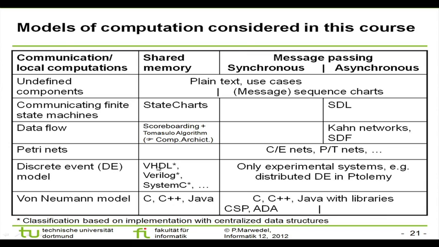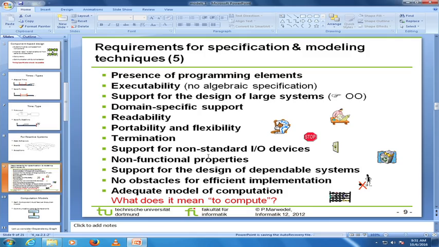VHDL and Verilog you are already familiar with to some extent, and C, C++, Java you are already familiar with. So, this part I will not discuss; I will mostly discuss state charts, SDL, CAN networks, and Petri nets.